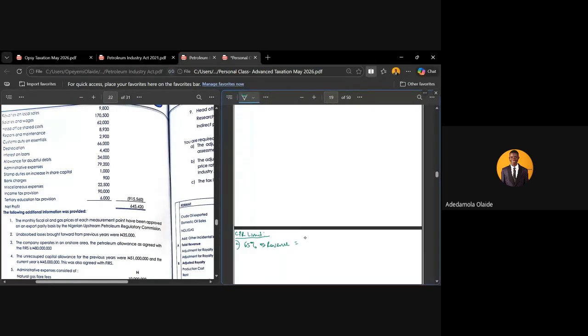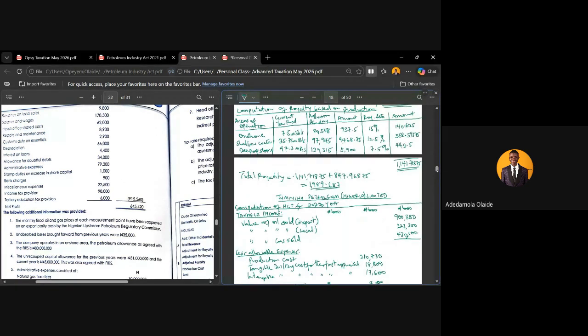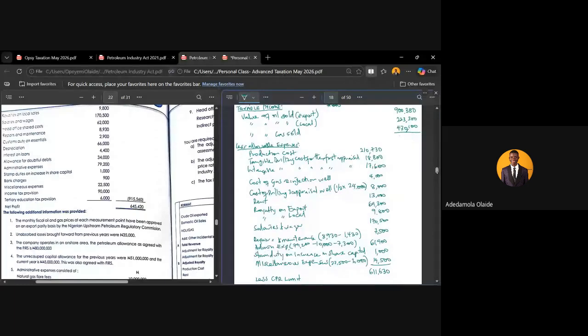We will have 63 divided by 100, multiplied by our revenue. We calculated it here to be what? What do we have, please, as total income?